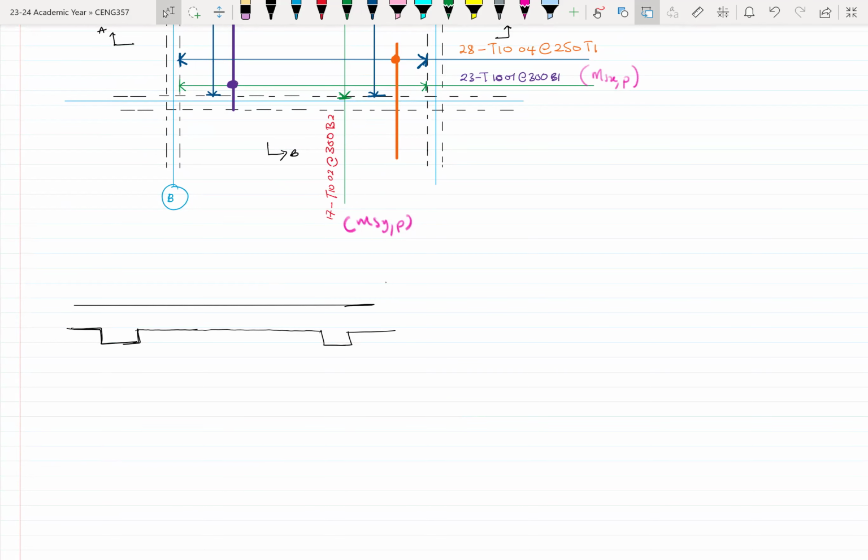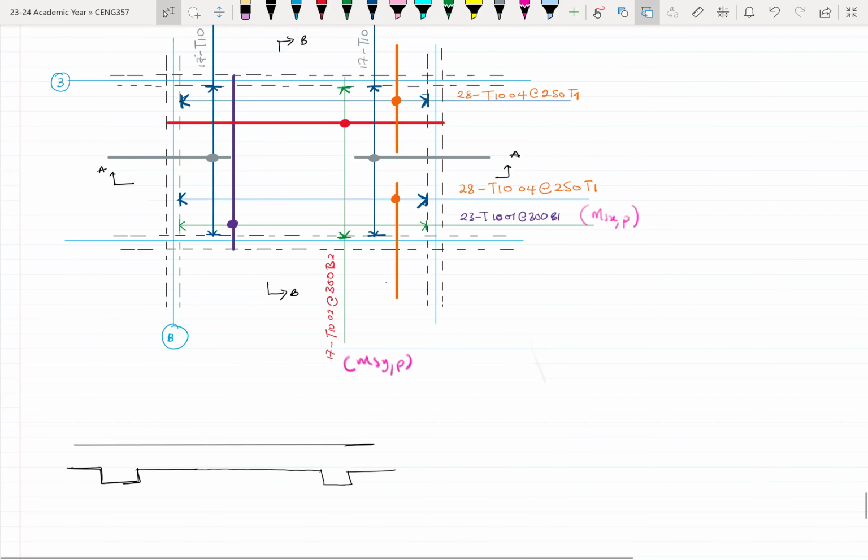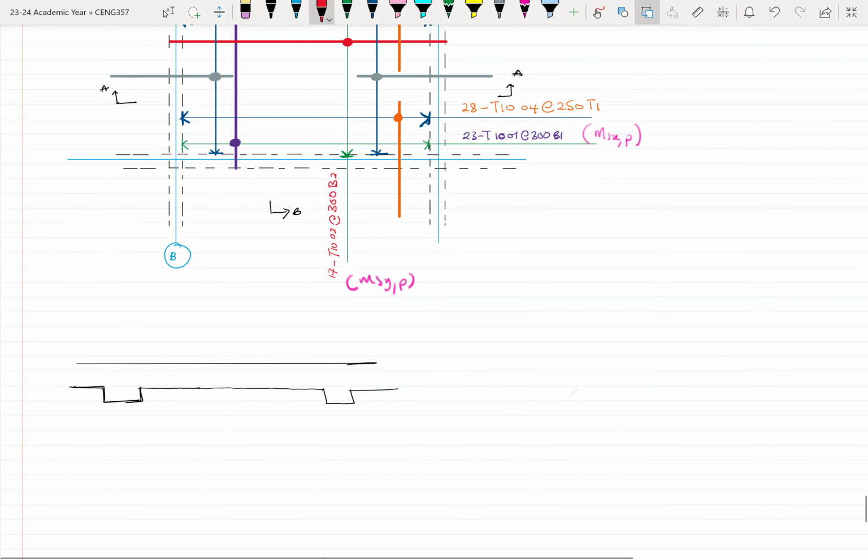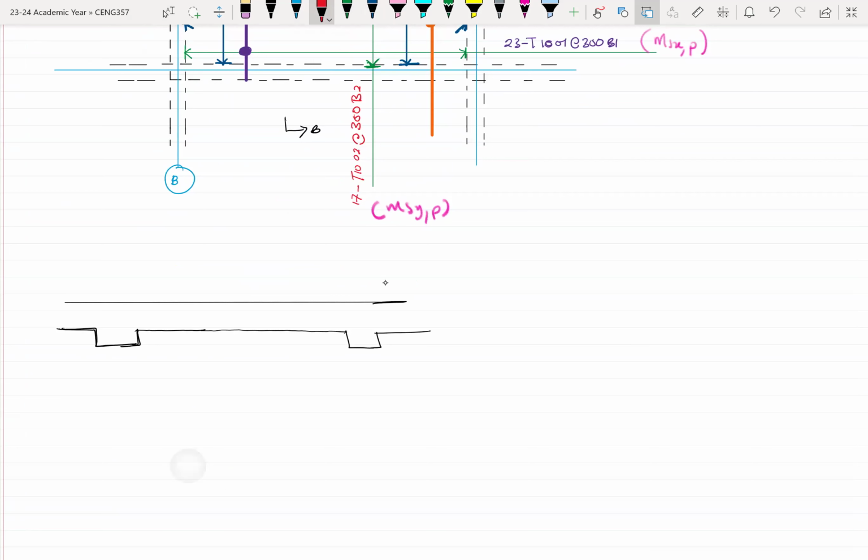All right. So the red would be the B one. The red will be right on top like that. Let me increase the thickness. So the red will be right here. Then the purple would be the ones running below, like this.